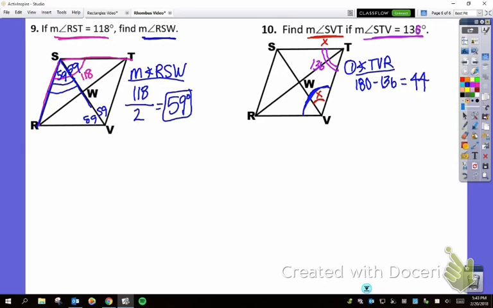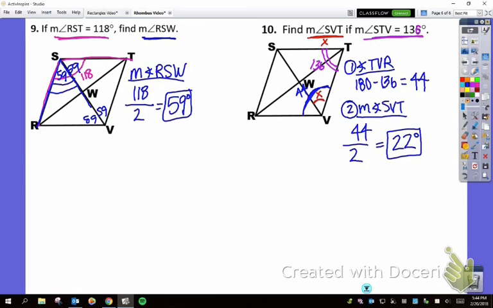Then if this whole angle is 44 degrees, I know that the diagonal bisects. So to find the measure of angle SVT, I want to take that whole angle and bisect it, cut it in half, so divide by 2, which is going to give me 22 degrees, which would be my answer.